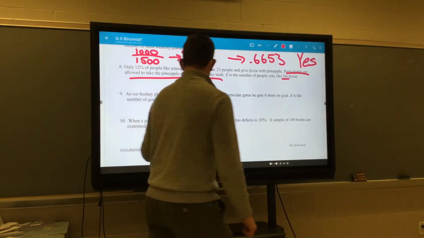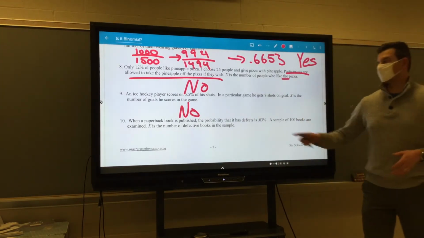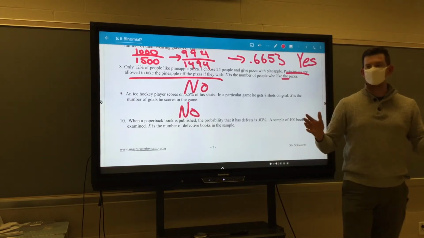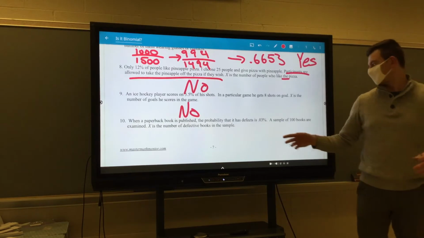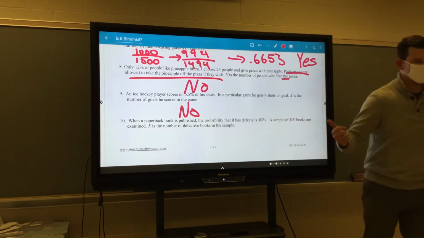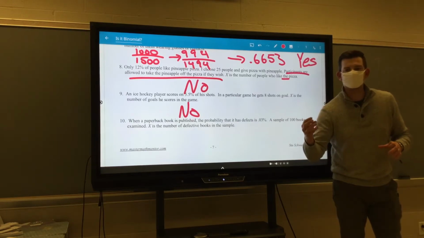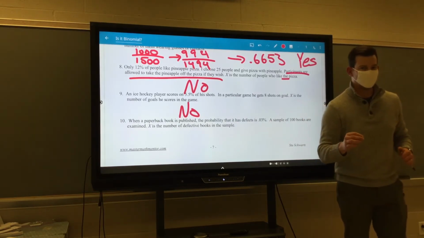Right? Maybe I'm just overanalyzing it, but if you were thinking about a book being published, let's say that publisher is printing 100,000 books. If and when a defect happens, it's probably not just some random occurrence. There's a reason as to why it happens.